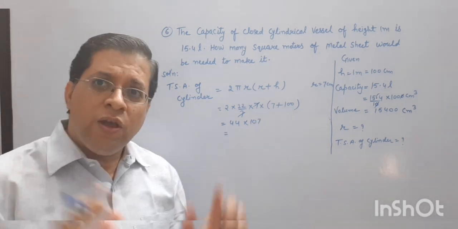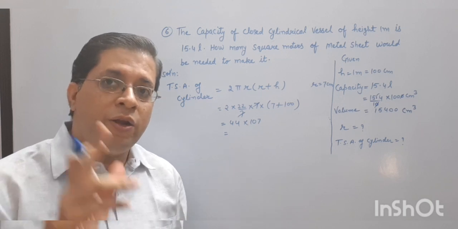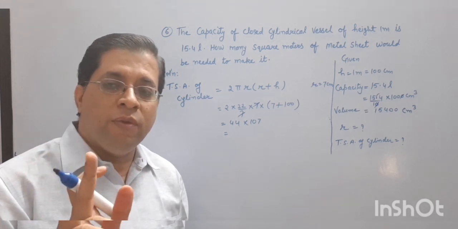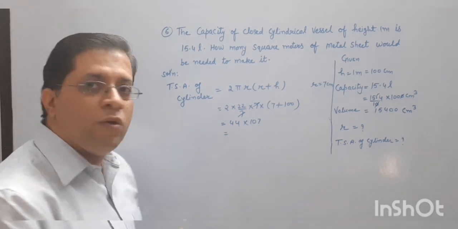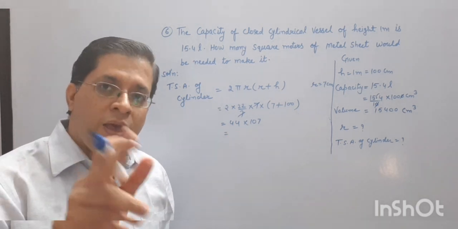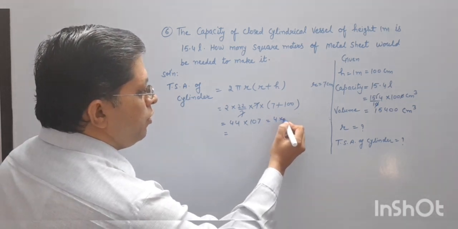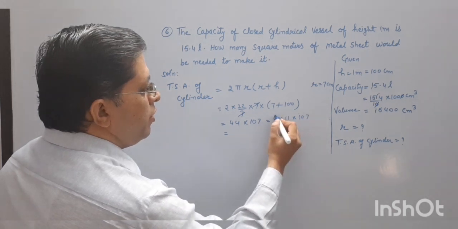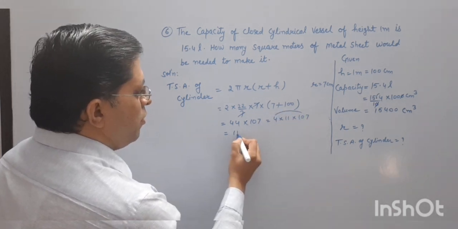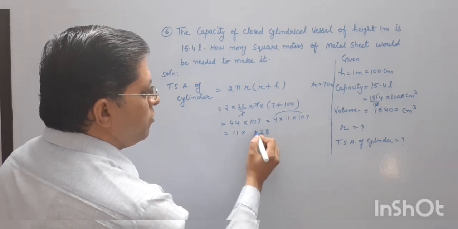See, without rough work we can solve each and everything. How can we multiply? I told you, you only have to remember how to multiply any number by 11. Sir, here is 44 and you are telling me about 11. See, I am converting it. Can I write 4 into 11 into 107? You multiply this 11 into 107; 7 fours are 28 and this is 4.